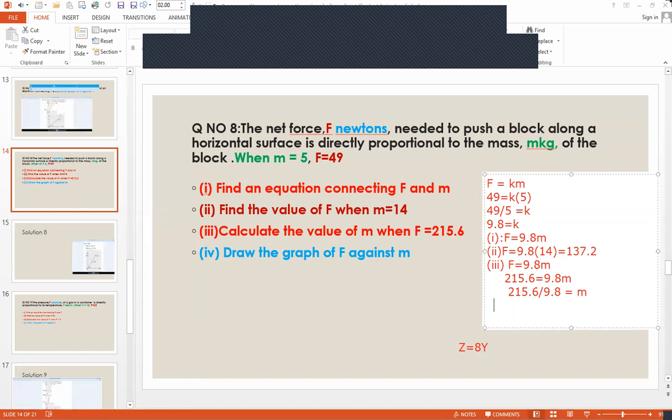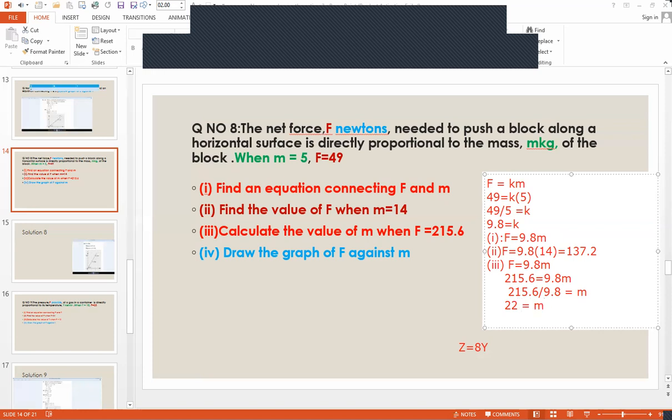Now I have to divide it for you. You have to divide 215.6 by 9.8, and you will get 22. And that value shows the value for its mass, that is m.